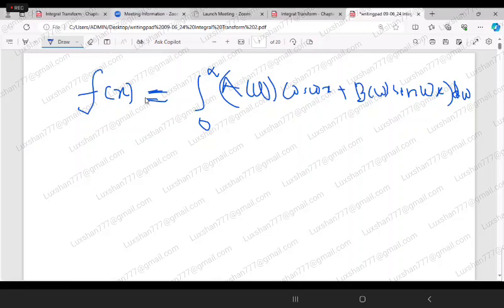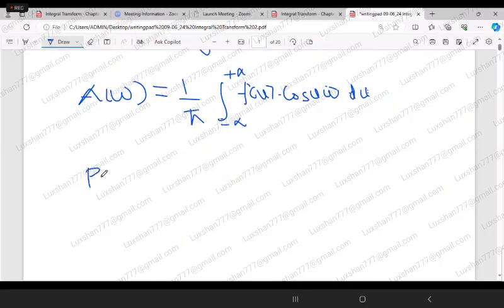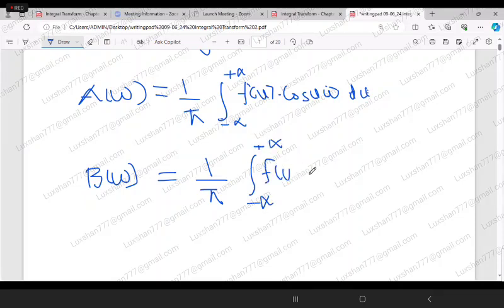where a(ω) is equal to 1/π times the integration from minus infinity to plus infinity of f(u) cos(ωu) du. Similarly, b(ω) is equal to 1/π times the integration from minus infinity to plus infinity of f(u) sin(ωu) du.